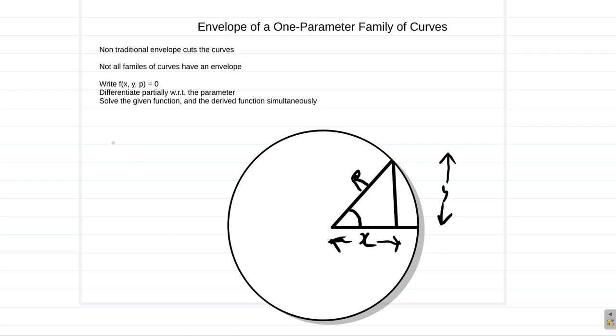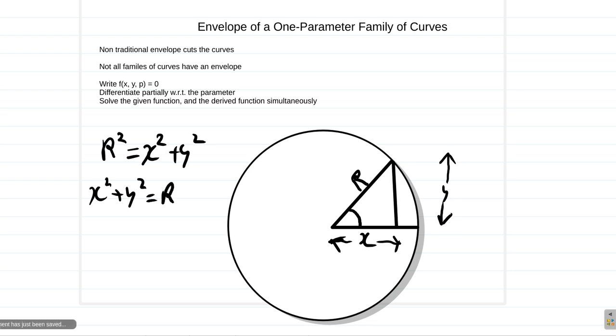By Pythagoras theorem, r squared is equal to x squared plus y squared. Remember your Pythagoras theorem. We could also say x squared plus y squared is equal to r squared. Now, this is the general equation of a circle.